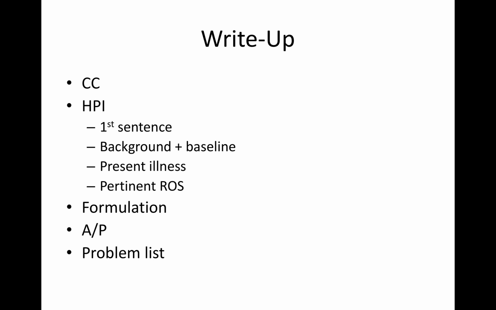So if someone's coming in with chest pain and they have a 10-year history of coronary artery disease, the background means right after the first sentence, you start with 10 years ago, the patient had a first diagnosis of coronary artery disease when they were admitted at CUMC with chest pain and found to have a significant LAD infarction, whatever you want to say.